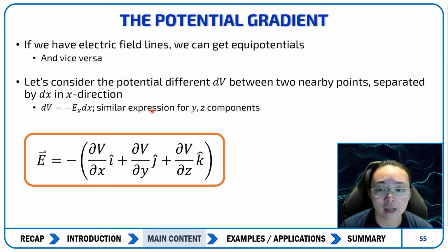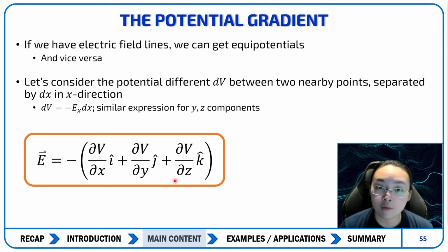And if we have that, we can actually define the electric field as the gradient of your potential. So that means it's negative dV over dx in the x direction, and then in the y direction, and then in the z direction. So these three represent the potential gradient definition of an electric field.